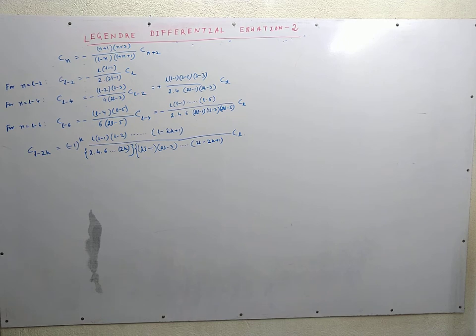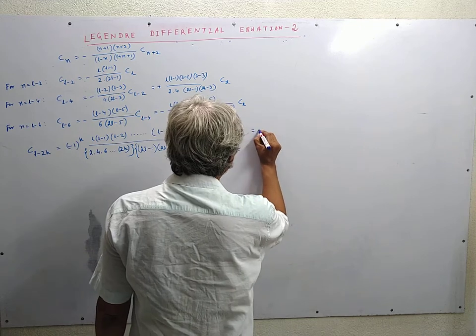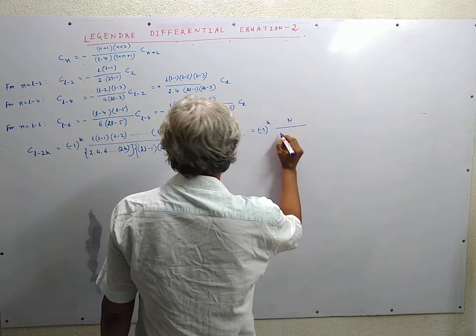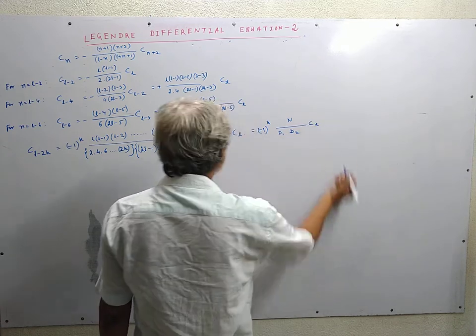Let me check. We write it as minus 1 to the power k. This is the numerator term. There are two terms in the denominator, times C of L.